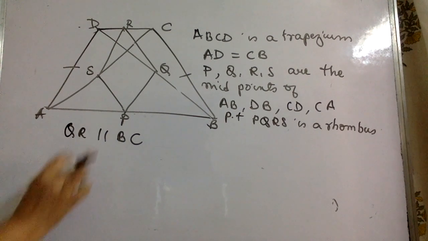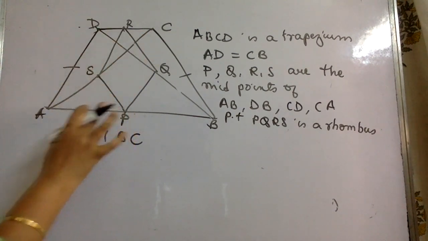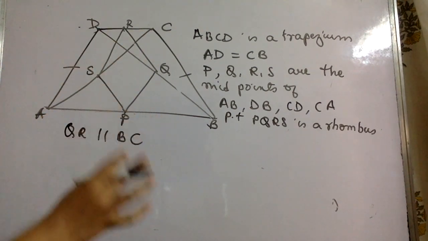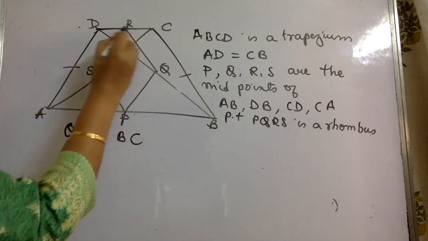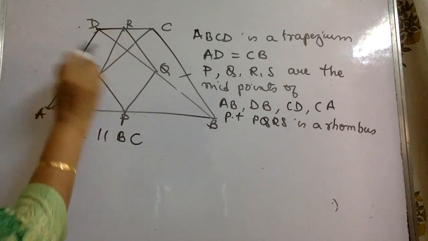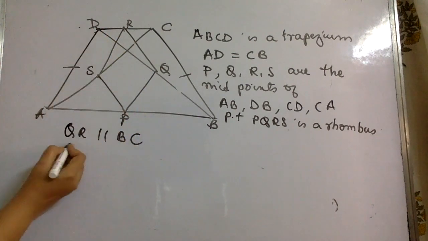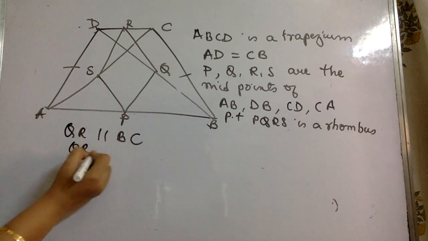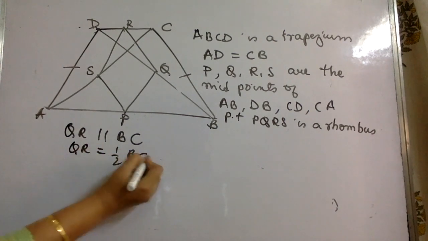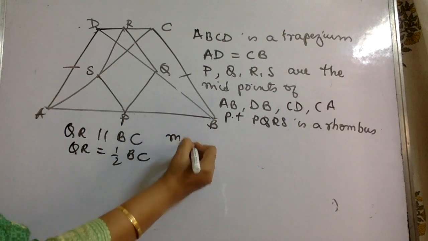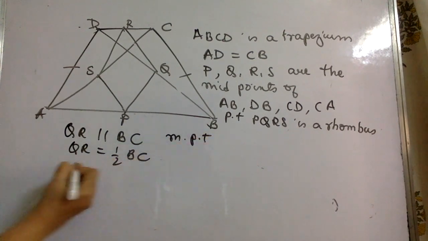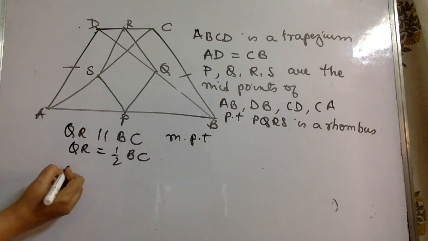I am not writing that because sometimes if I write too much, it creates a lot of confusion. We are talking about the triangle CDB, and in that we have this side's midpoint as R and DB's midpoint as Q. So we can write this, and QR is also equal to half of BC. That is also correct. Okay, now this comes from MPT.